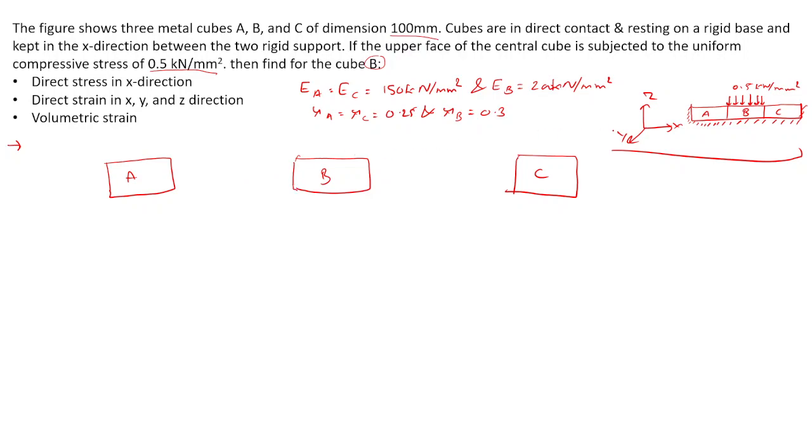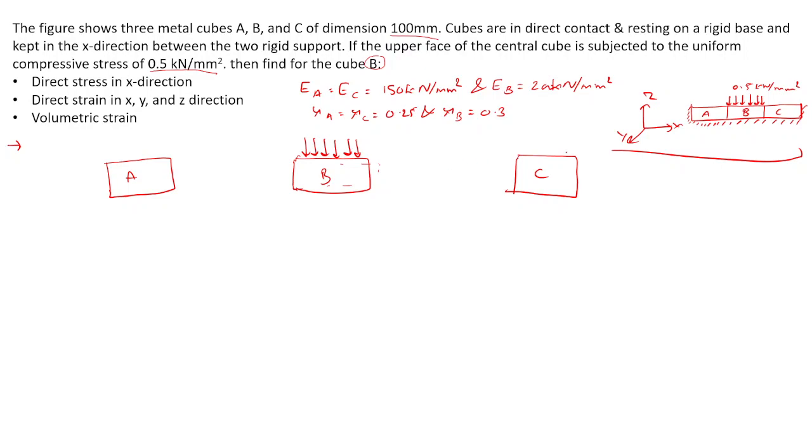Okay. So here, in B the load is there, right? In the Z direction. Correct? Yes, sir. So due to this what will happen? It will try to push this and change its dimension, and then it will push these blocks, right?